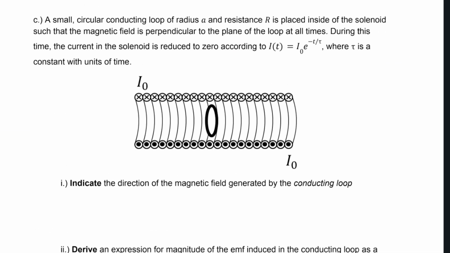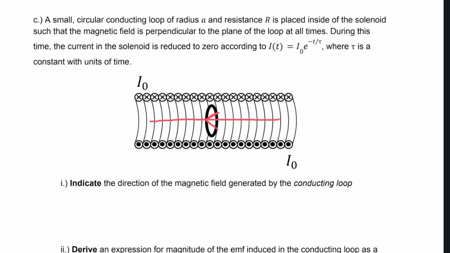Now we'll apply this to induction. A small circular conducting loop of radius a and resistance R is placed in the loop, and the solenoid current is changed. What we have is a magnetic field generated by the solenoid, but since the current in the solenoid will be decreasing, there's going to be some EMF induced in this smaller circle.